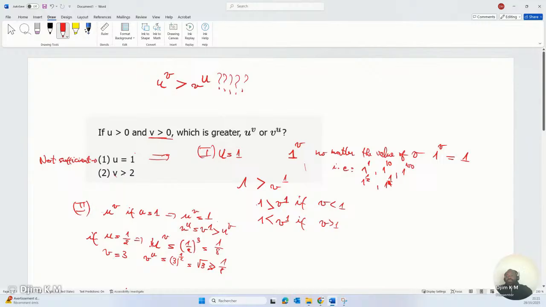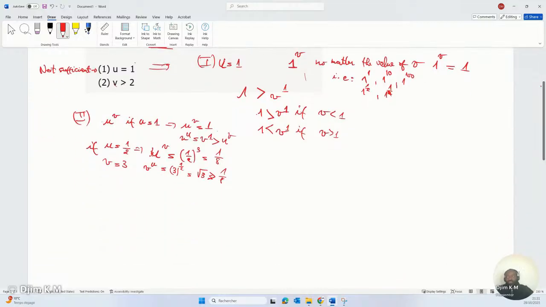But let's take if u is greater than 1. If u is equal to 4, for example, and v is equal to 3.